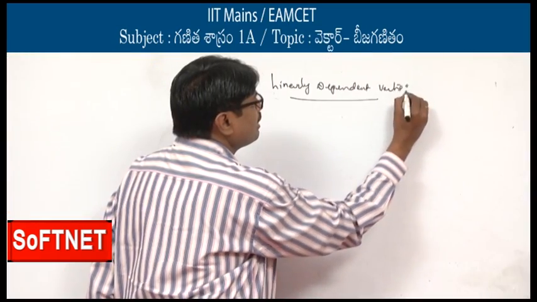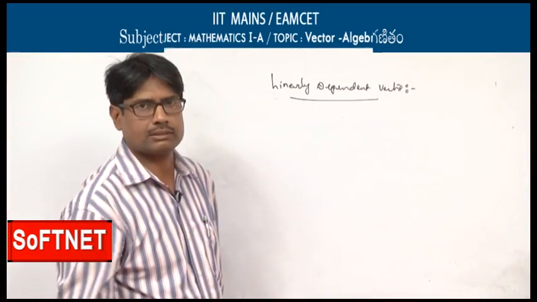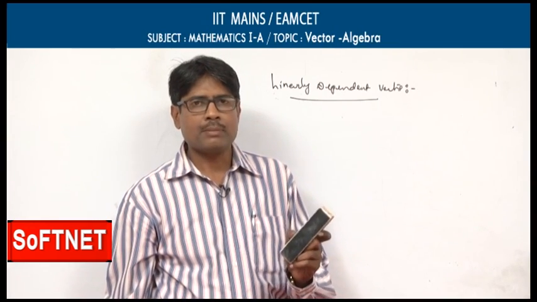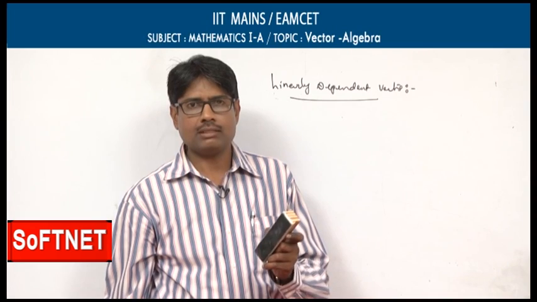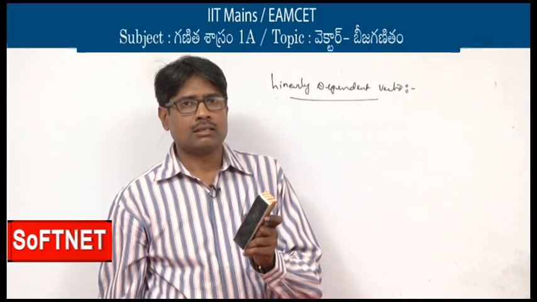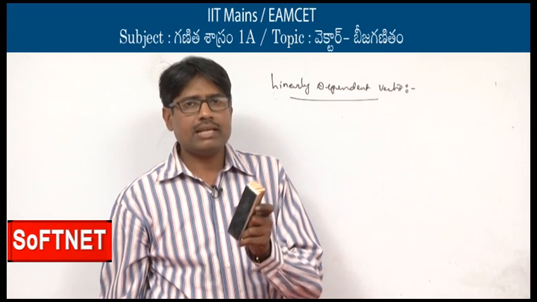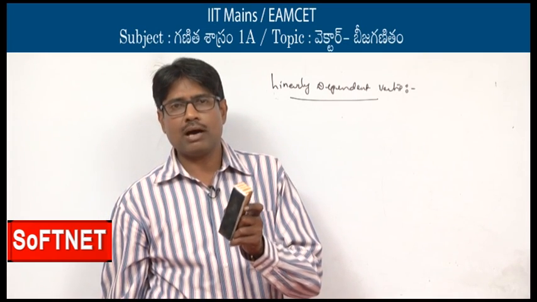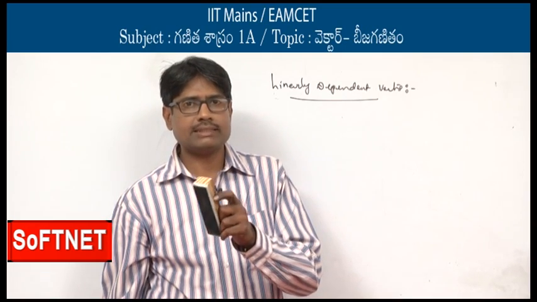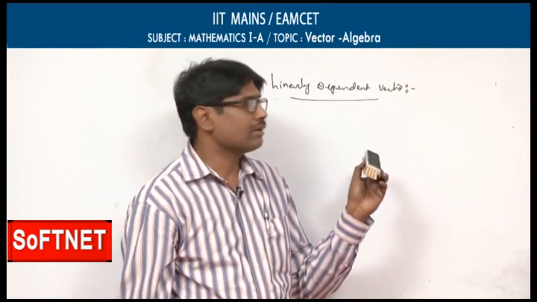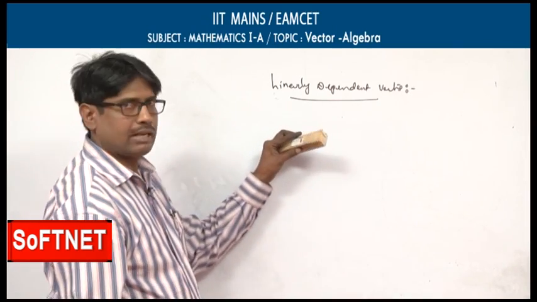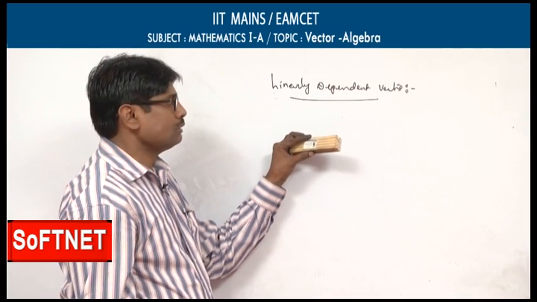What do you mean by linearly dependent vectors? A set of vectors is said to be linearly dependent if there exists a set of scalars such that L1 A1 bar plus L2 A2 bar plus L3 A3 bar and so on up to Ln An bar is equal to 0 bar. I will repeat the definition with notes.